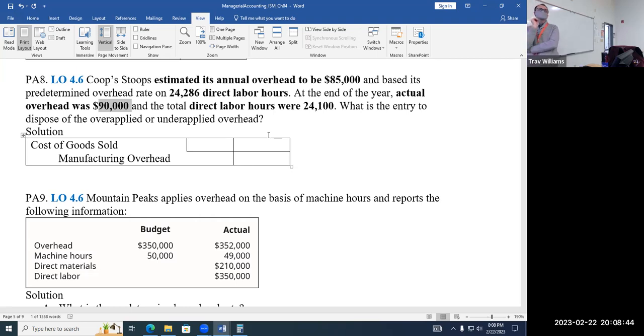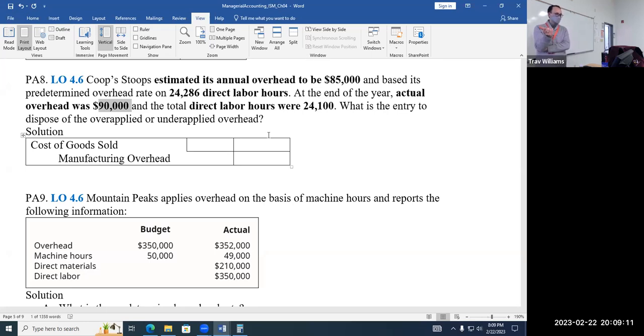Well, let's break it down. In order to apply the overhead throughout the year, they need a rate, right? They would need an overhead application rate. What is our rate in this case? 24,286 direct labor hours. Okay.